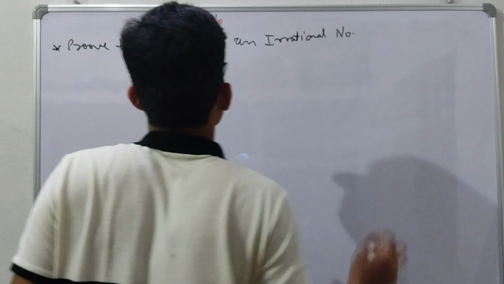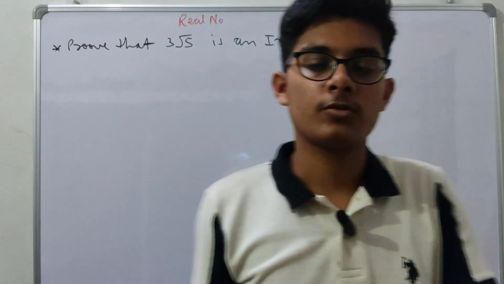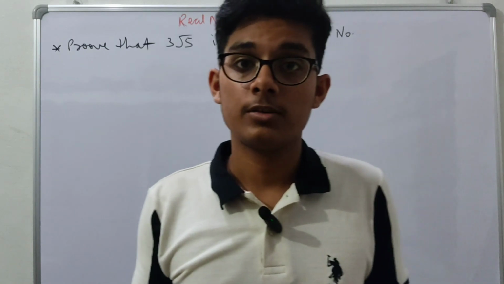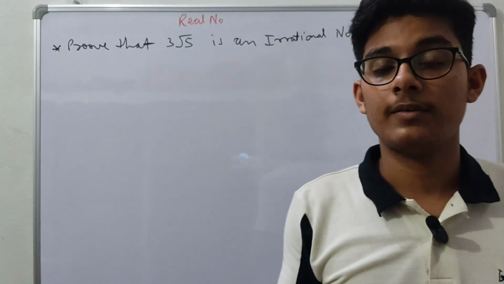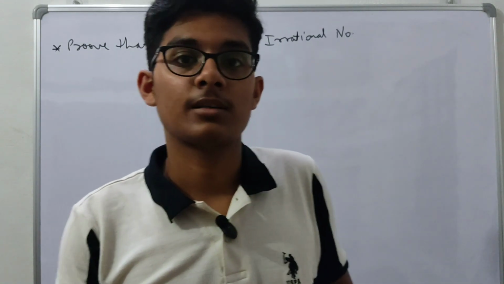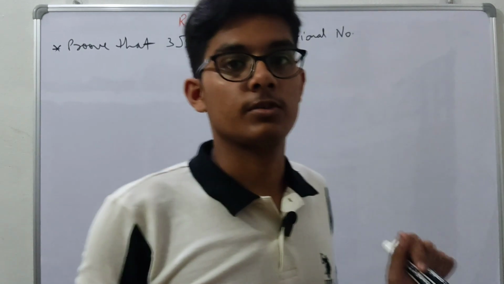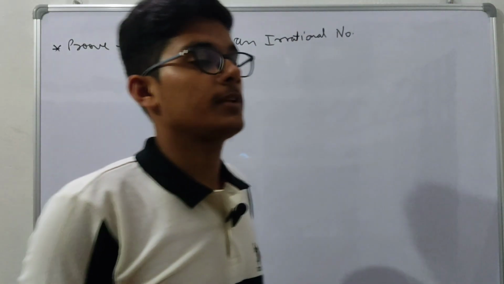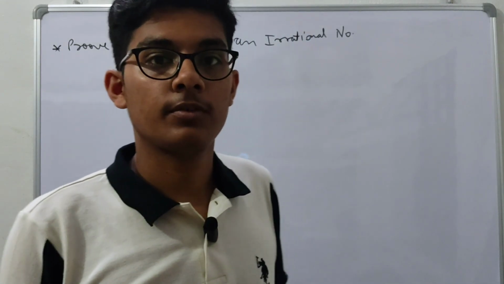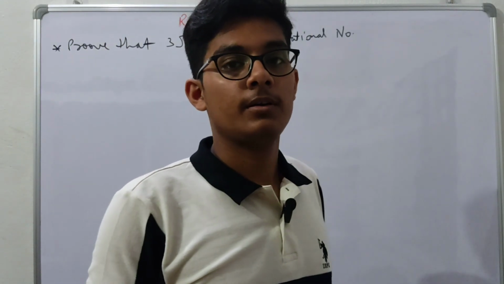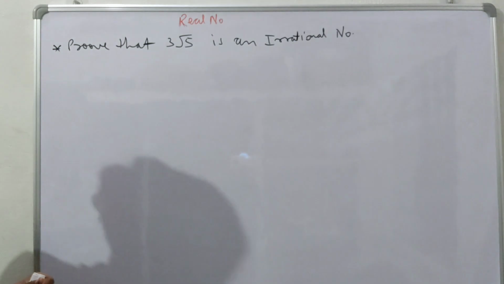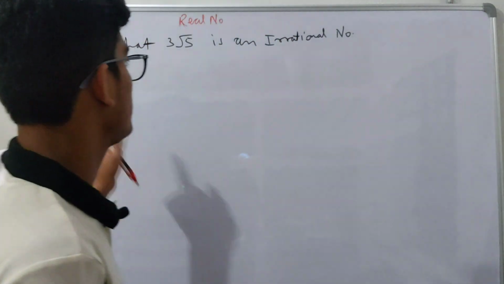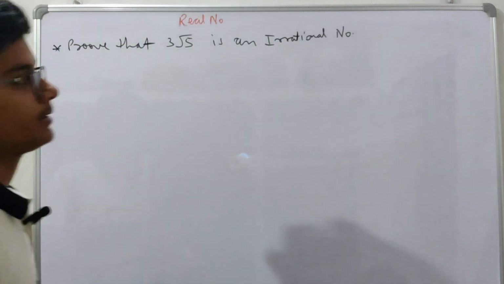In the previous question I told you that if there is a sum or difference of a rational and an irrational number, then it will always be an irrational number, for sure. But here, 3 root 5 means multiplication of a rational and an irrational number. It can be rational or irrational, it depends on the situation. So here we have to prove that 3 root 5 is an irrational number.